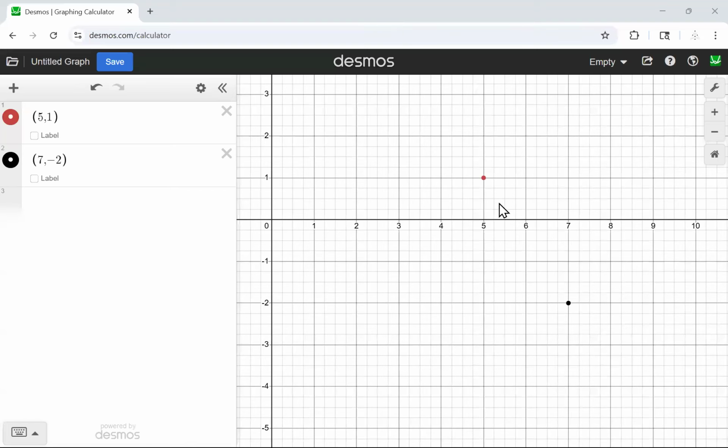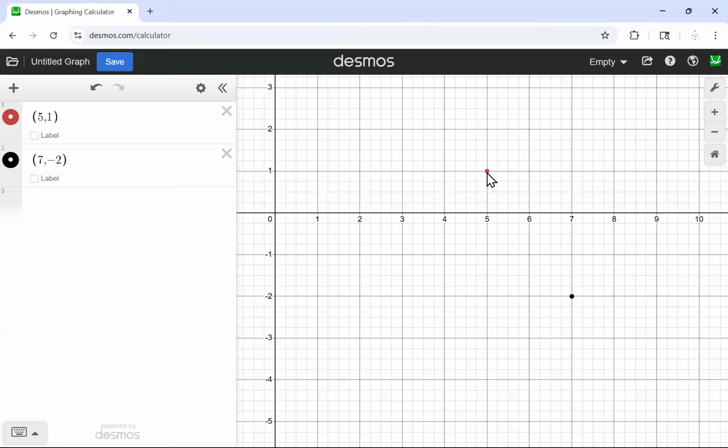So imagine that I don't know what the graph of my function looks like, but imagine that I know that it goes through the point 5, 1 and also through the point 7, -2. Since our polynomial function is continuous, I'm going to have to draw some sort of shape without lifting my pen that goes from 5, 1 to the point 7, -2.